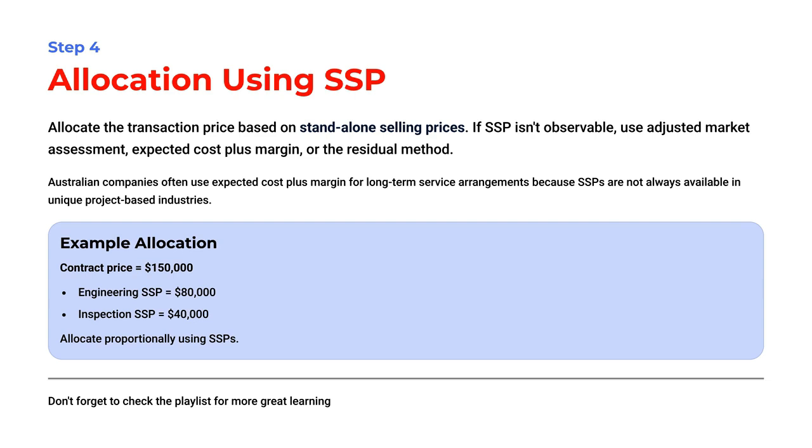Example: contract price equals $150,000. Engineering SSP equals $80,000. Inspection SSP equals $40,000. Allocate proportionally using SSPs. End.